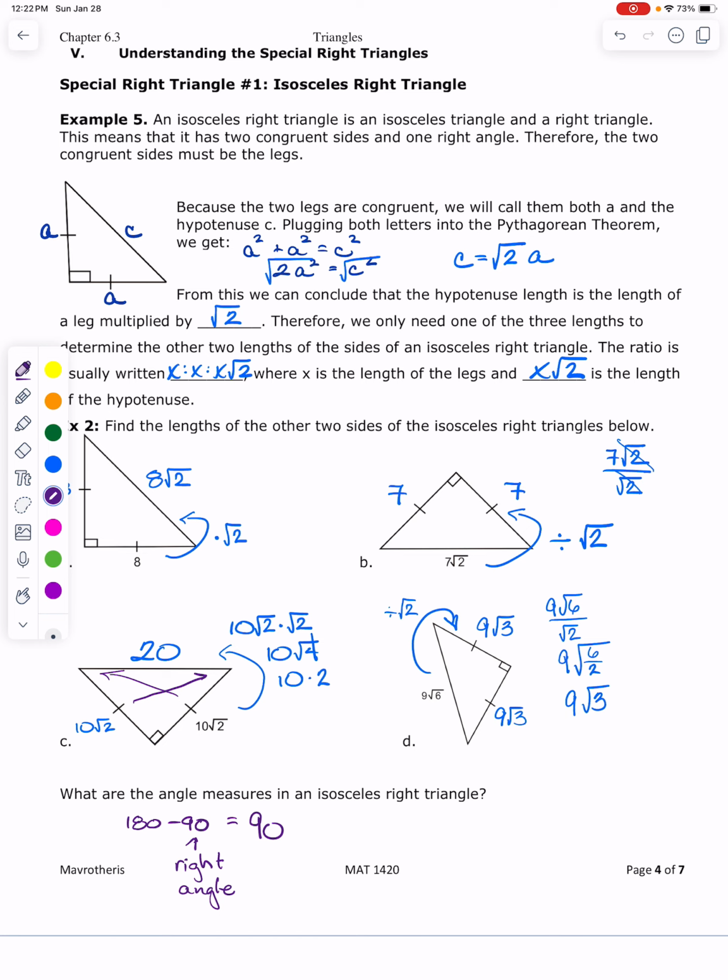I've got 90 degrees left. That 90 degrees has to be divided evenly between the two angles. I get 45 degrees. So the angle measures in an isosceles right triangle are 45 degrees, 45 degrees, and 90 degrees.